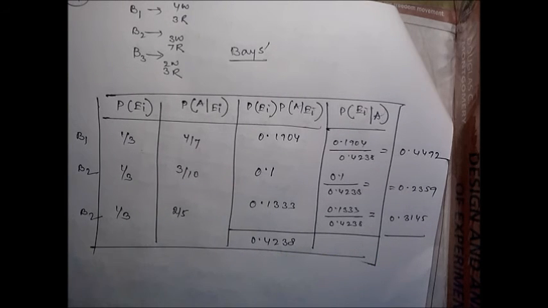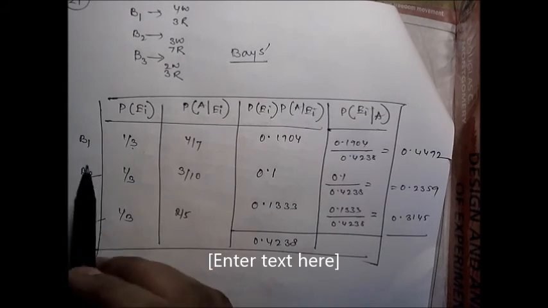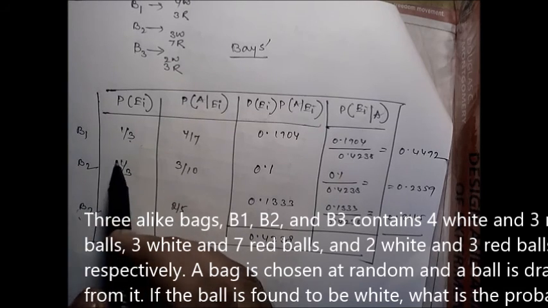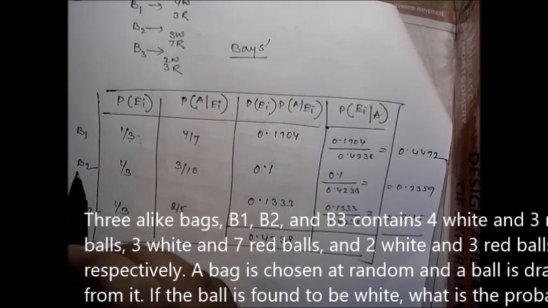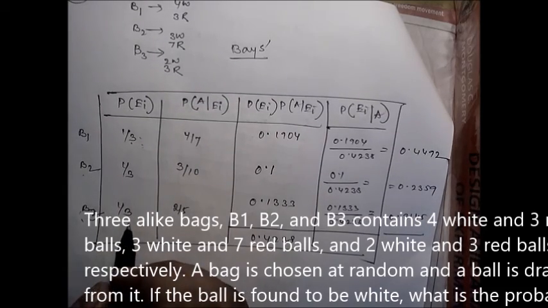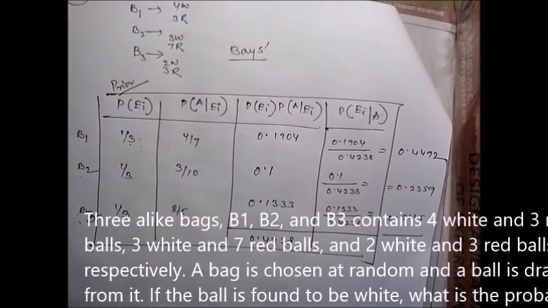If you see the problem once again, 3 alike bags are there, B1, B2, B3. So the probability of selecting the first bag is 1 by 3, because 3 bags are there and they are identical. So the probability of selecting B1 is 1 by 3, B2 is 1 by 3, B3 is 1 by 3. These are nothing but our prior probabilities.